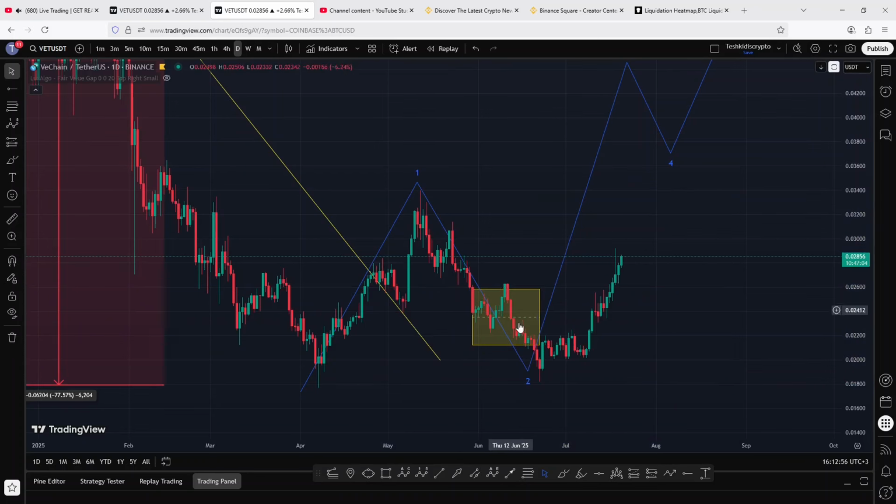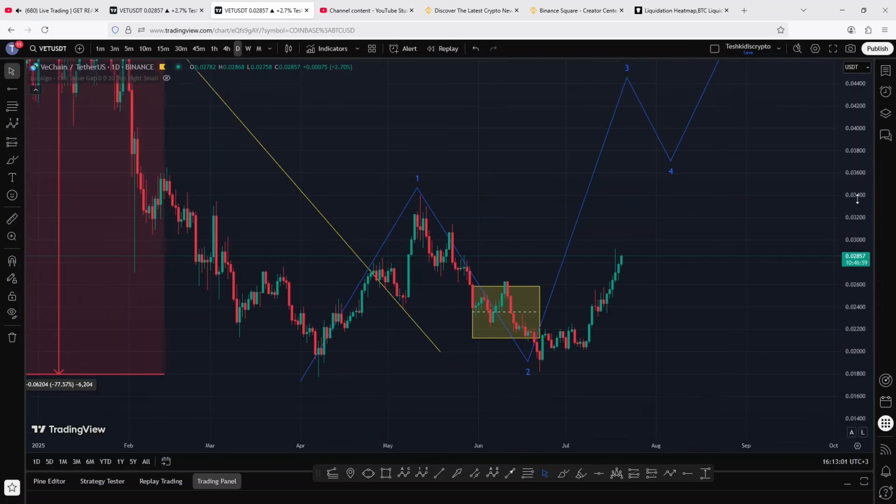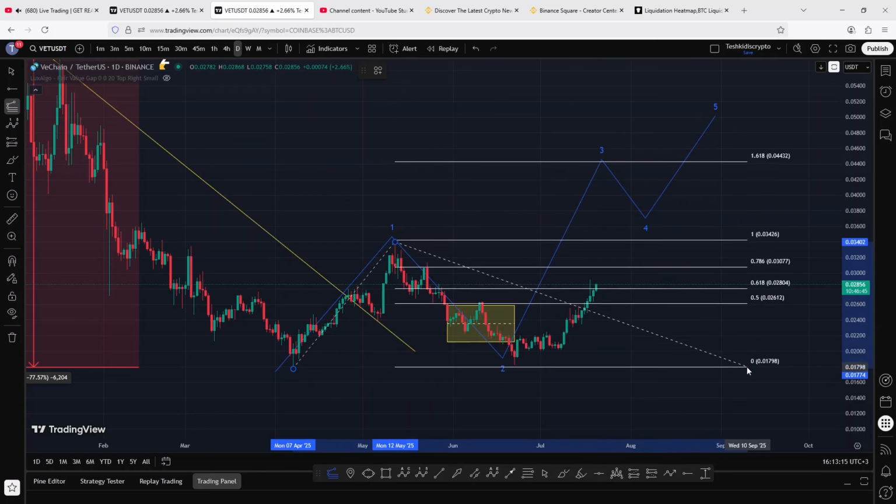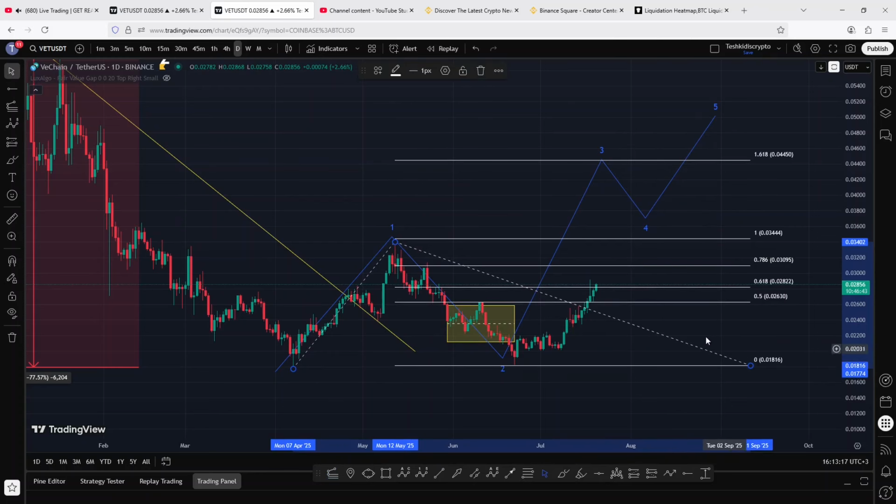And you can now see that we are seeing a very nice reaction over here in what can easily turn out to be the formation of this wave 3, whose minimum target areas can be given by connecting the Fib extension from the low of the first wave to the high of that first wave, then connecting the Fibonacci to the low of the wave 2.